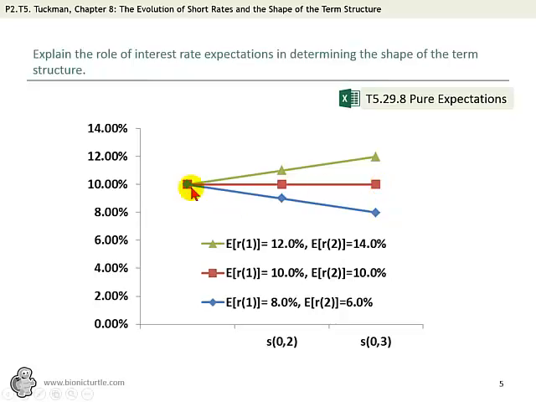On the other hand, if there's an expectation that in 1 year, that 1-year rate is going to drop to 8%, and then 2 years forward, the 1-year rate is going to drop to 6%, that would manifest under pure expectations as a downward sloping term structure, as illustrated here in blue. If there's a consensus expectation that the 1-year rate will increase to 12%, and then in 2 years up to 14%, we should see an upward sloping term structure.